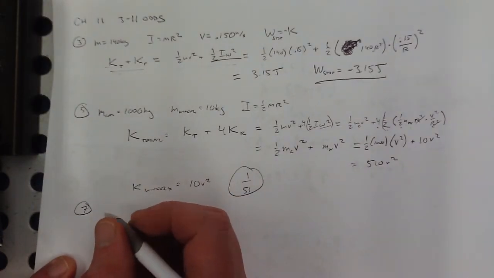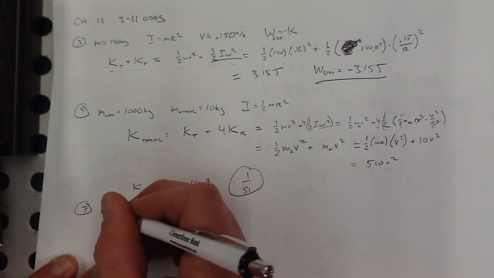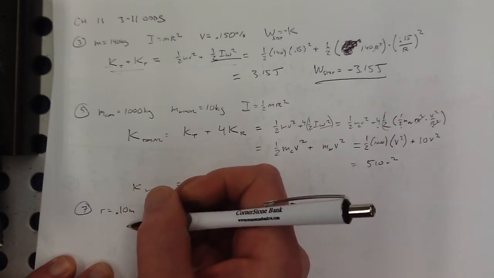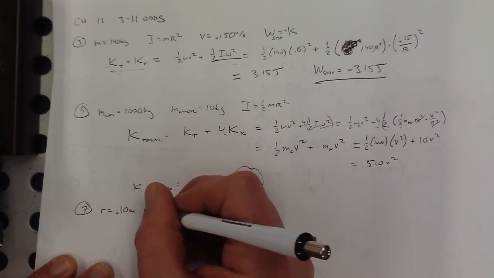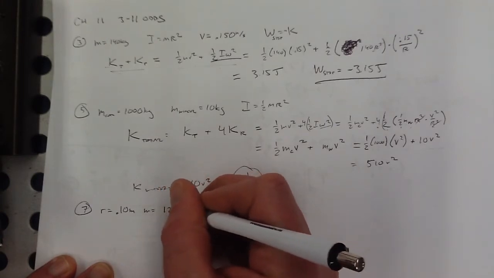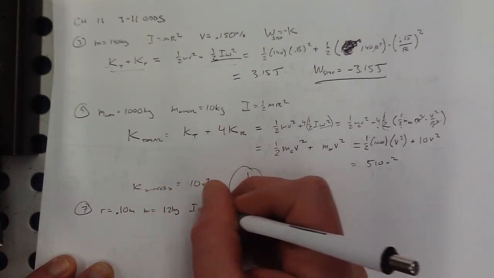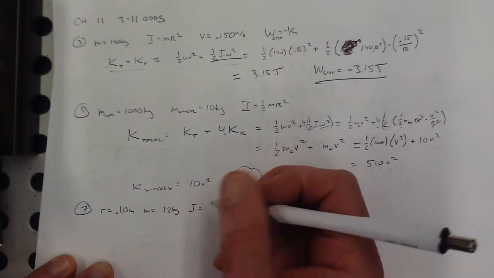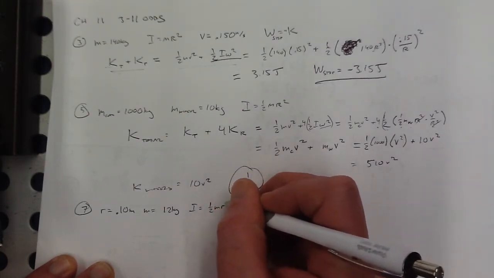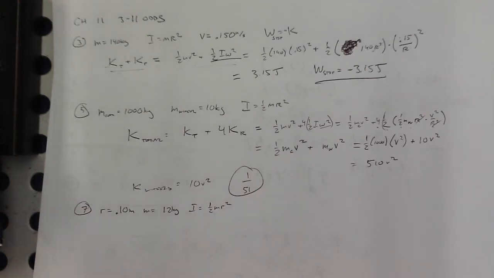So, solid cylinder, the radius is 10 centimeters, and its mass is 12 kilograms. Its rotational inertia, they're saying it's a solid cylinder, so that is telling us that we've got 1/2 mr squared.